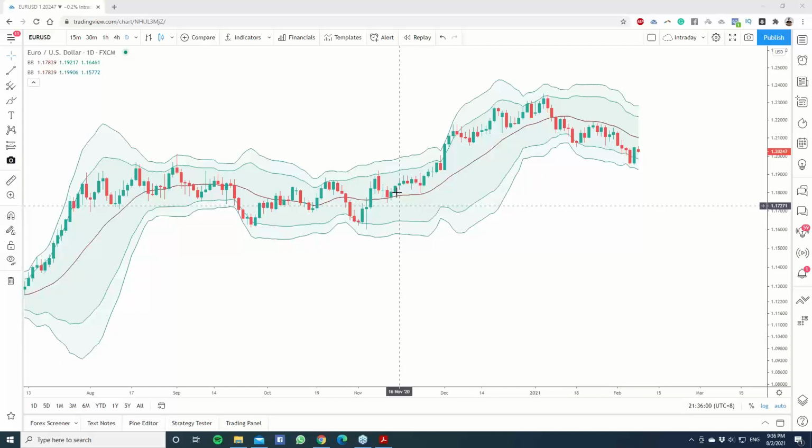But more trades means more effort and more time in front of the computer. If you're looking more towards part-time swing trading, maybe you're working, and every day you want to spend only half an hour, 45 minutes on the chart, then you do not want to go too low a time frame.